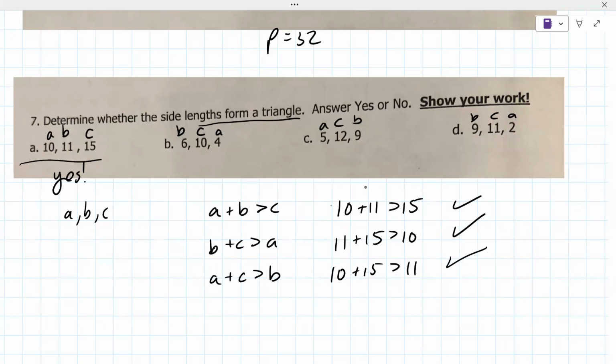Okay. But you will find that does not work for all of them. So why don't you try B?